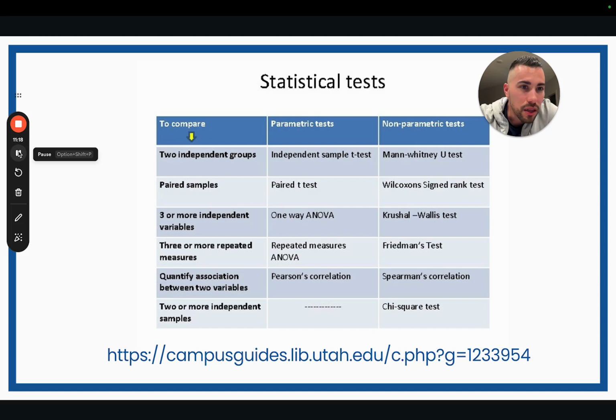But if that is not the case, if we have a small sample size, if we have outliers, we can always run non-parametric tests that will allow us to compare our data. And that's pretty much it. Then we have the table. We can use different types of tests based on the number of variables that we have and the dependent or independent variable that we are comparing.